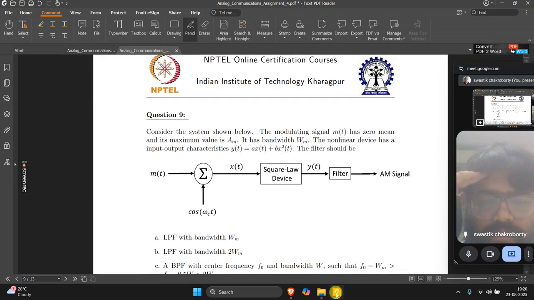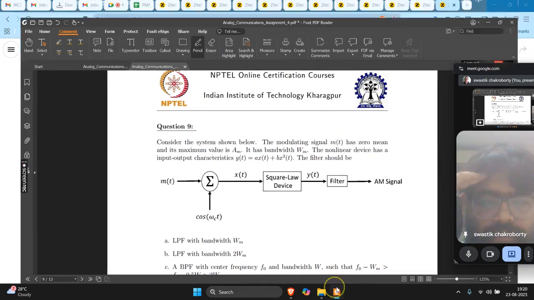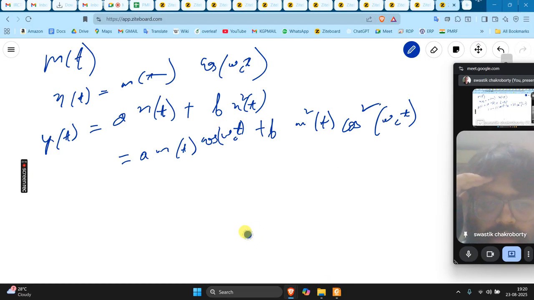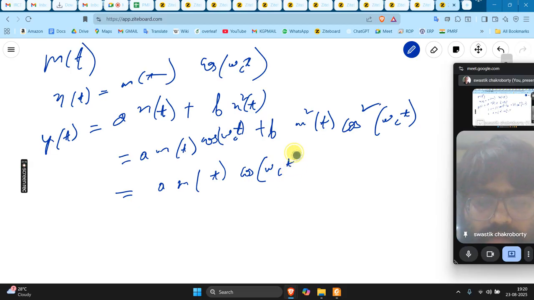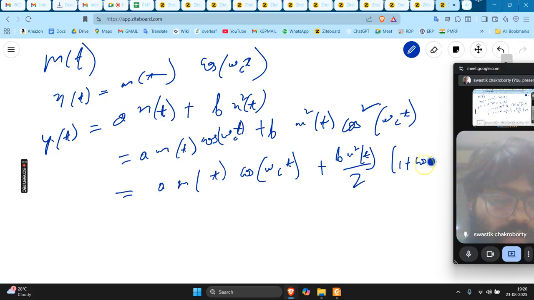If this is y(t), we have to find a filter so that we can get an AM signal from this. We can write this as a m(t) cos omega c t plus b m squared(t) by 2 into 1 plus cos 2 omega c t.